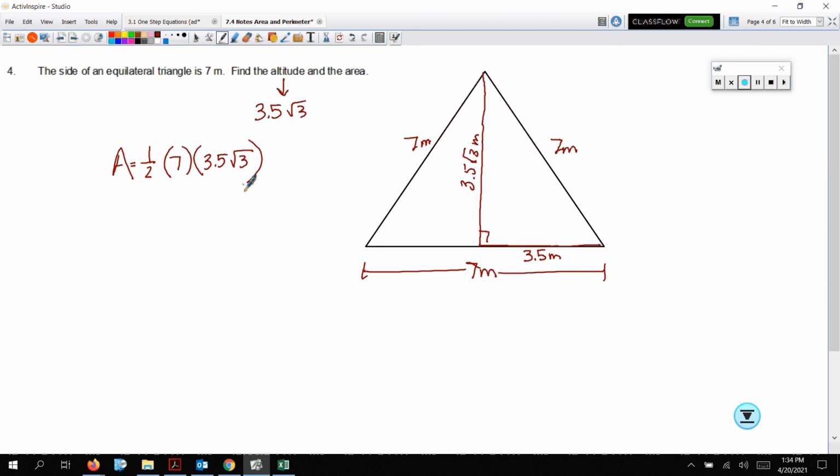I'm going to bust out my fancy little calculator, and 1/2 times 7 times 3.5 root 3. It helps if I type in the right thing. That gives me 21.2 meters squared.